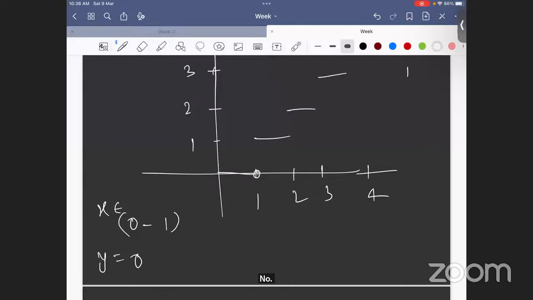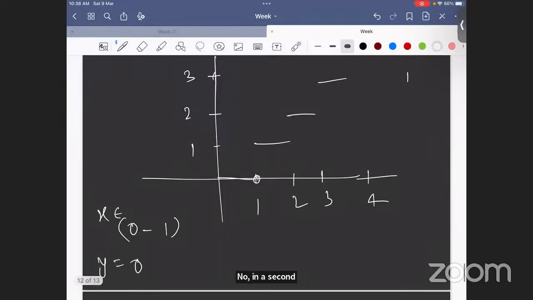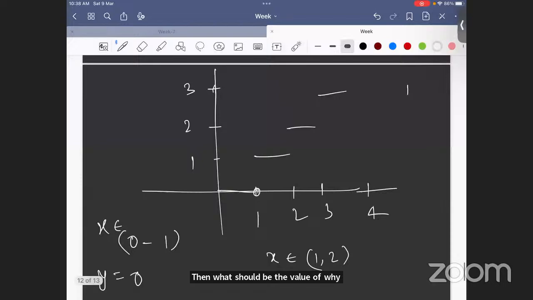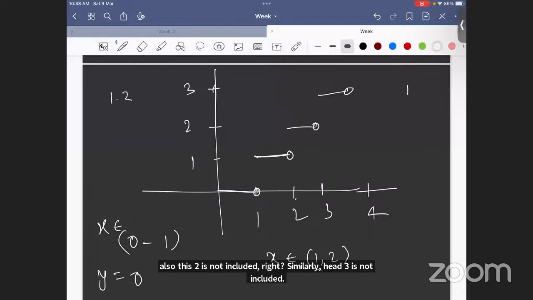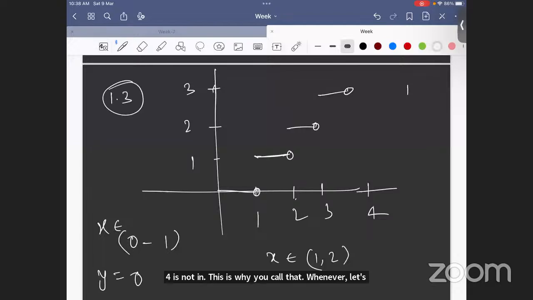Correct. The second step: whenever your x belongs to 1 to 2, what should be the value of y? 1.